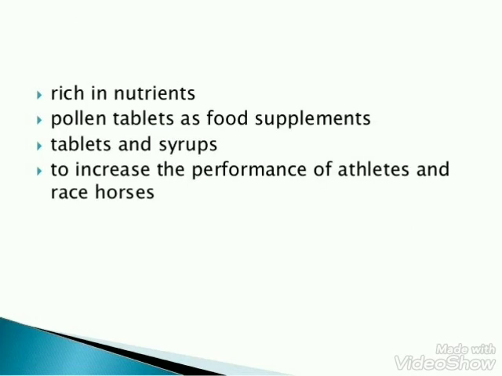Apart from so many negative effects, pollen grains are important for the plant as they contain the male gamete for the process of sexual reproduction. They are nutrient rich and thus are taken as food supplements in the form of tablets and syrup to increase the performance of athletes and race horses.